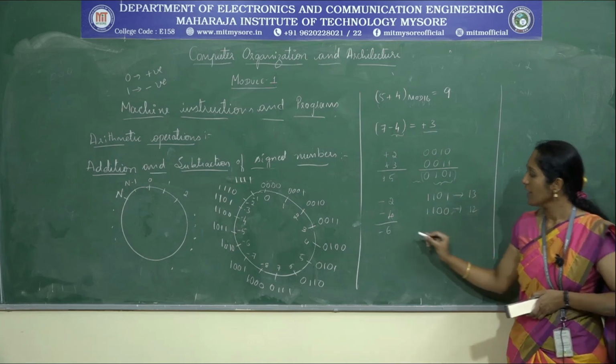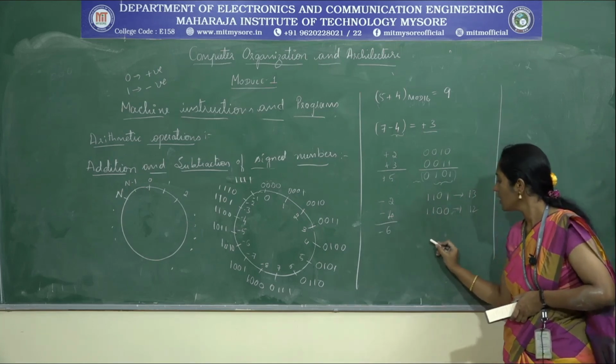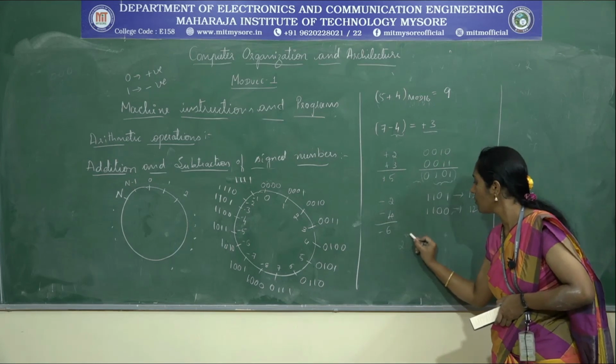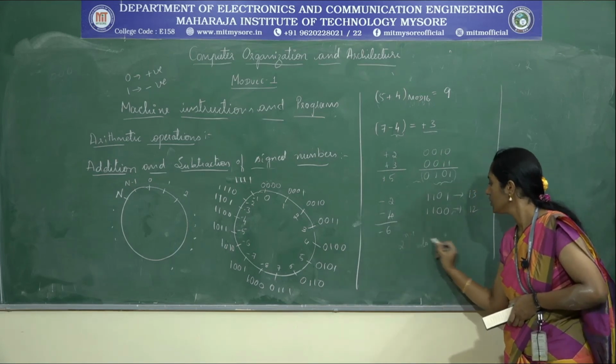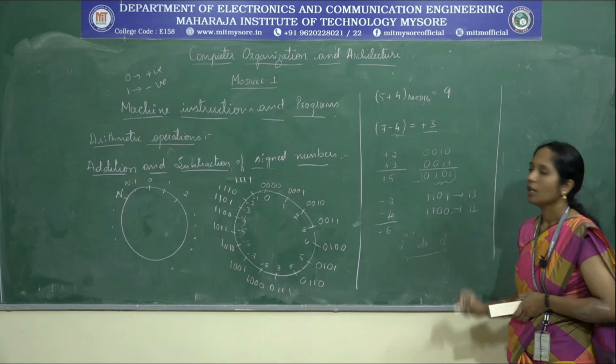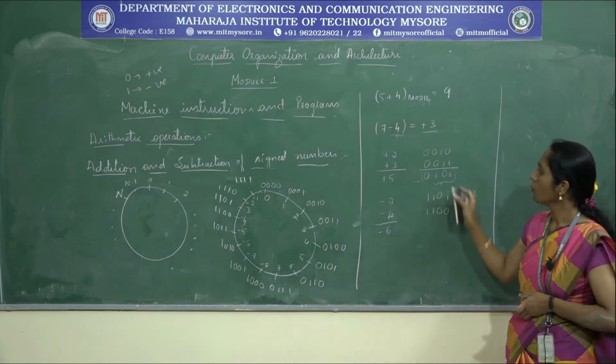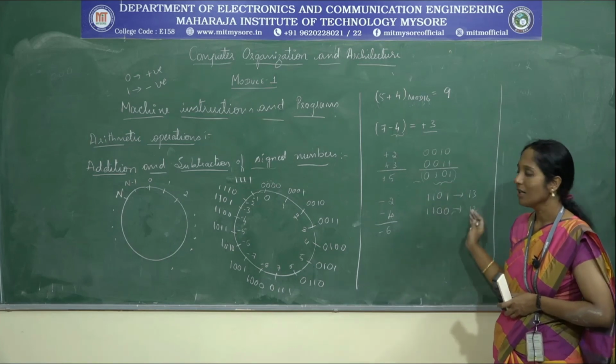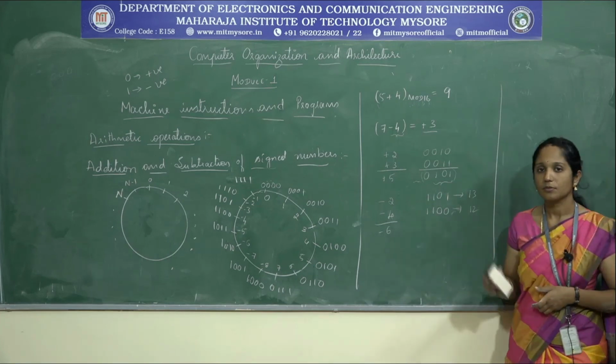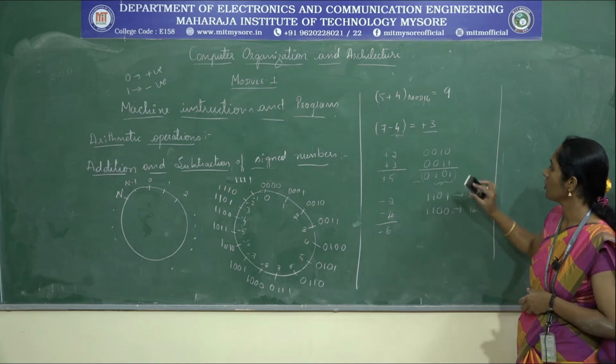In both cases, the output should be within the range, that is, the range of representable numbers. So we have to see that the result is within the range. So this is the addition and subtraction operation.